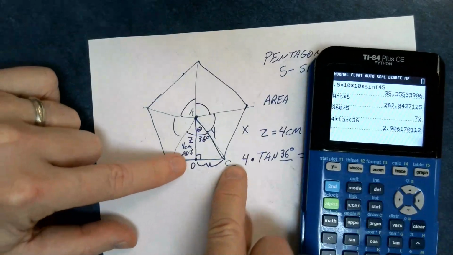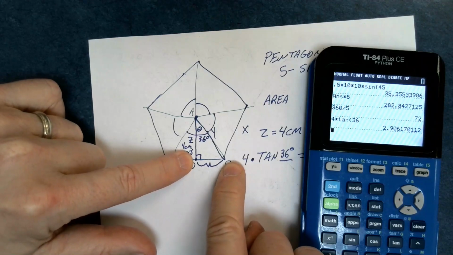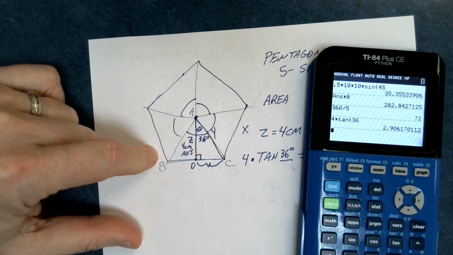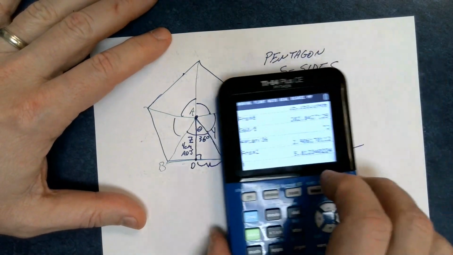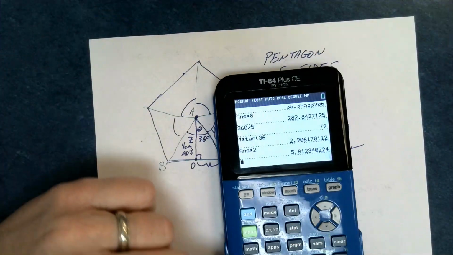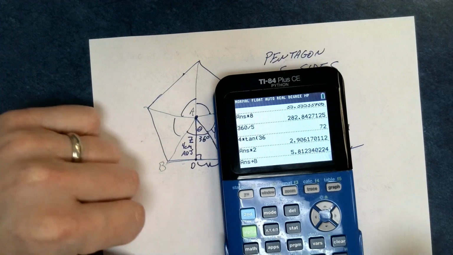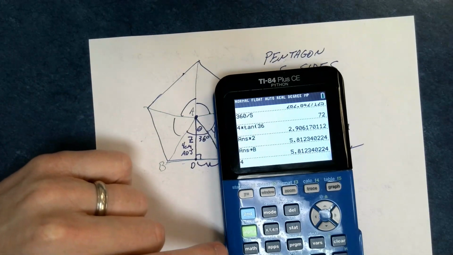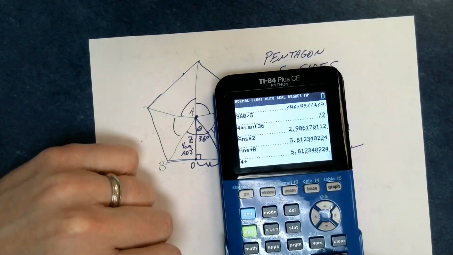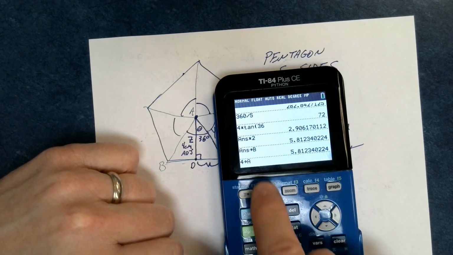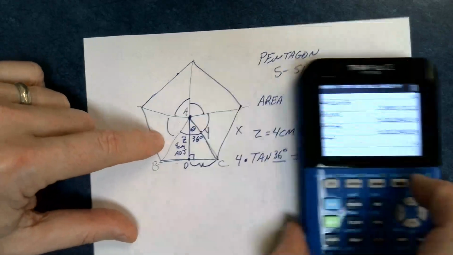Now again, that's DC, that's this length. So I'm going to take that number and multiply it by 2, and that is the base of that triangle. So I'm going to store that in alpha B for base. I'm going to put 4 stored in alpha A for apothem. That's the apothem.